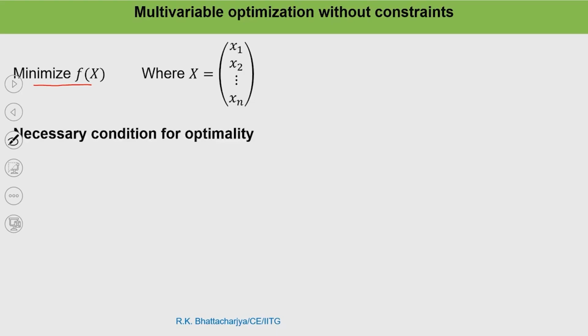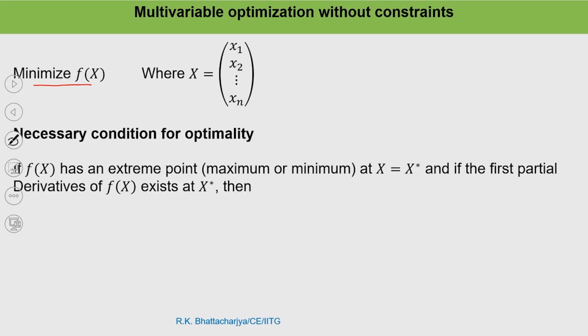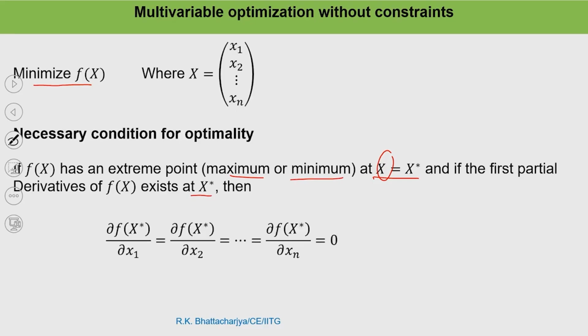The necessary condition for optimality is: if f of x has an extreme point, that is maximum or minimum at x equal to x star, where x is a vector, and if the first partial derivatives of f of x exist at x star, then the partial derivatives of f with respect to x 1, x 2, up to x n should be equal to 0.